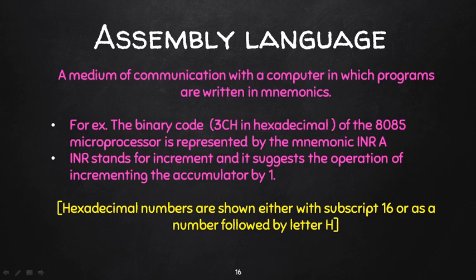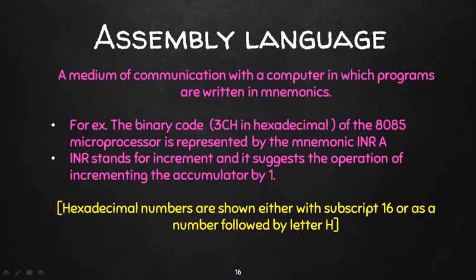Coming back to assembly level language, it is a medium of communication with a computer in which programs are written in mnemonics. What do we mean by that? The mnemonic for a particular instruction consists of letters that suggest the operation to be performed by that instruction.